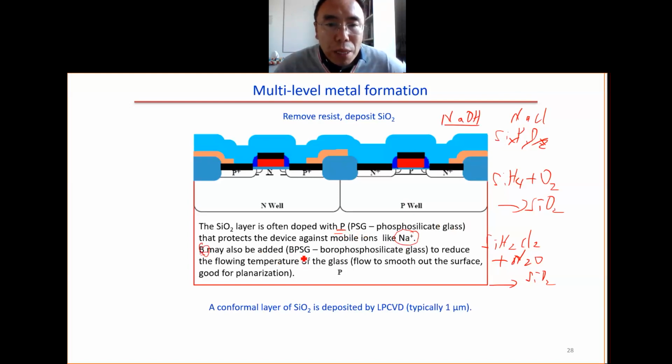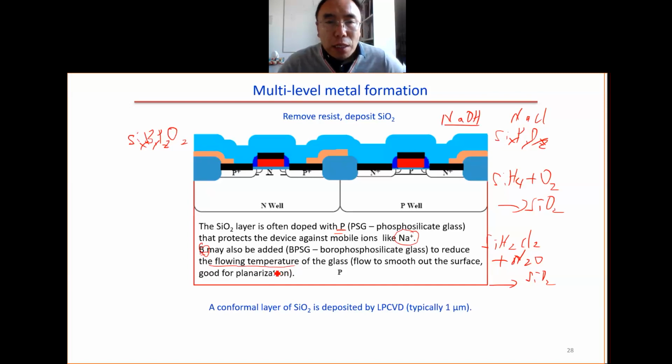This is called BPSG, borophosphosilicate glass. It will be something like silicon, boron, phosphorus, oxygen, with numbers X, Y, Z. When we put the boron in the glass, it reduces the flow temperature.